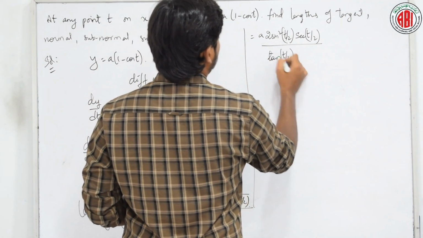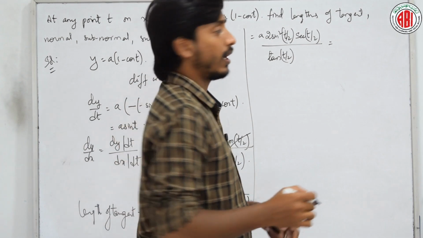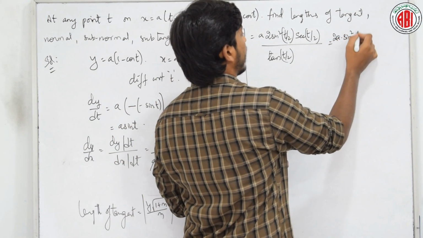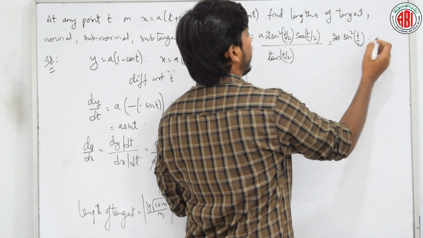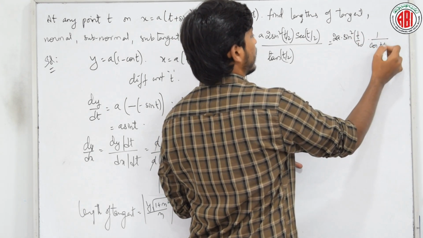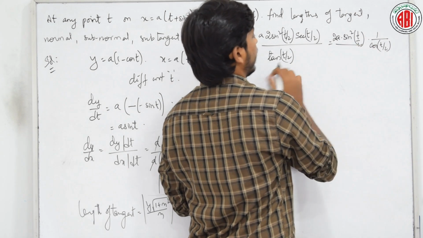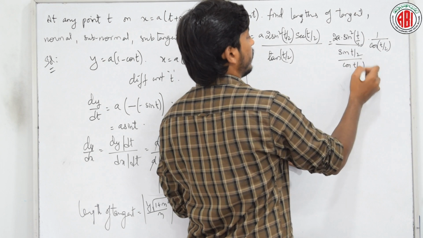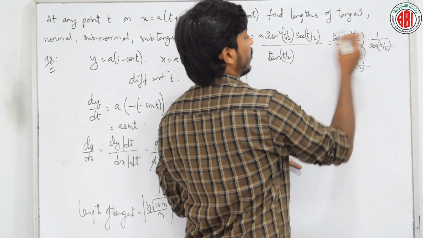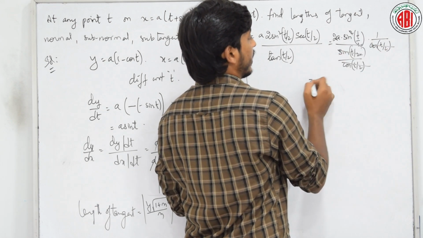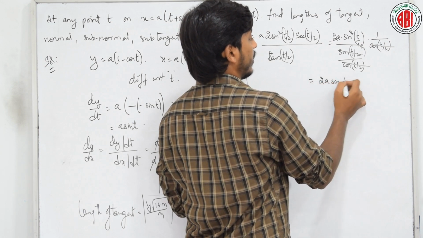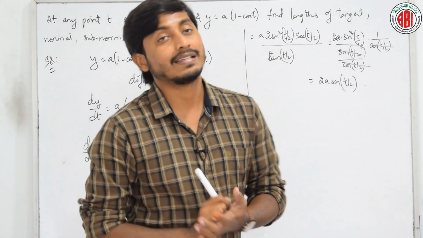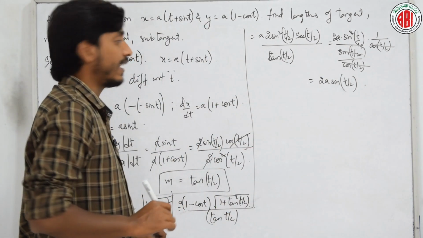Here it is a into 2 sin square t by 2. Secant t by 2 can be written as 1 by cos t by 2, and tan t by 2 can be written as sin t by 2 by cos t by 2. Clear? These will get cancelled, and I will get the answer 2a sin t by 2. This is the length of tangent.